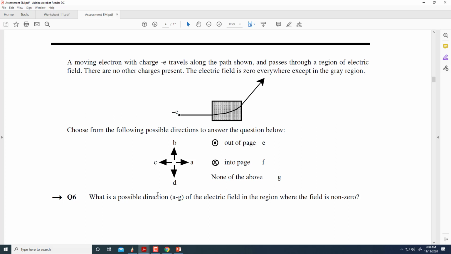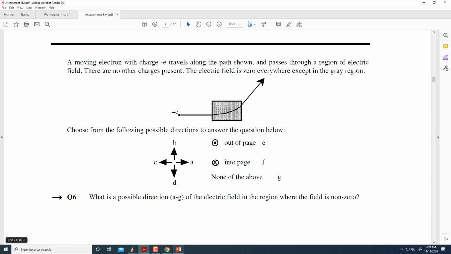So what would be the direction of the electric field that will produce that deflection? We have all these different options, whether the electric field is pointing that way or up or to the left or down or out of the page, into the page, or none of the above. So which electric field will produce that kind of trajectory? Down?